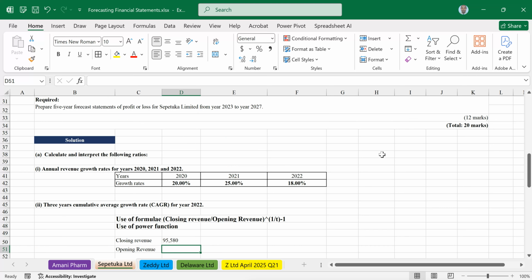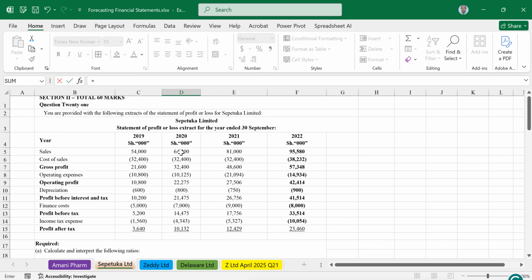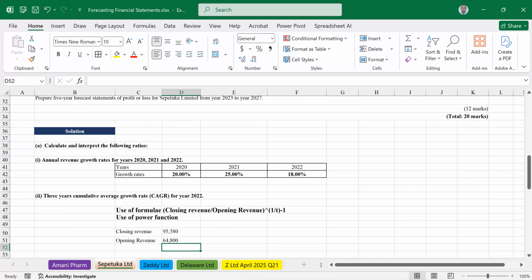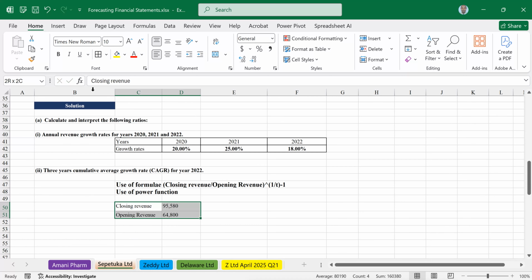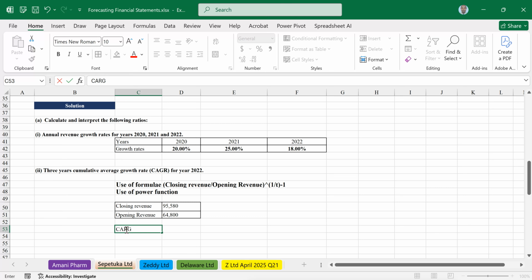Then opening revenue, 3-year means it now started in 2020. So that is 64,800. So the closing is 95,580. The opening is 64,800. That is the revenues that we have. Now after that, we compute CAGR using formula.